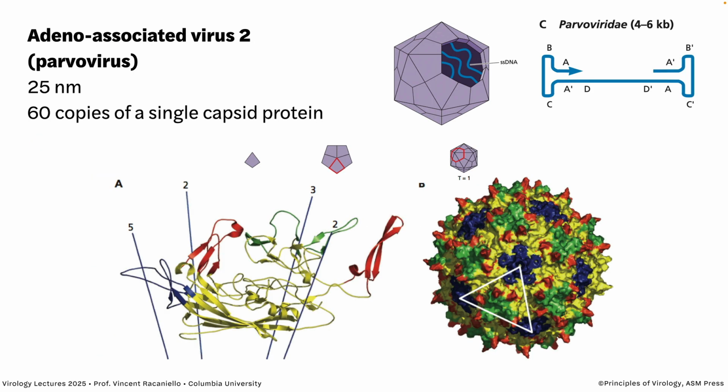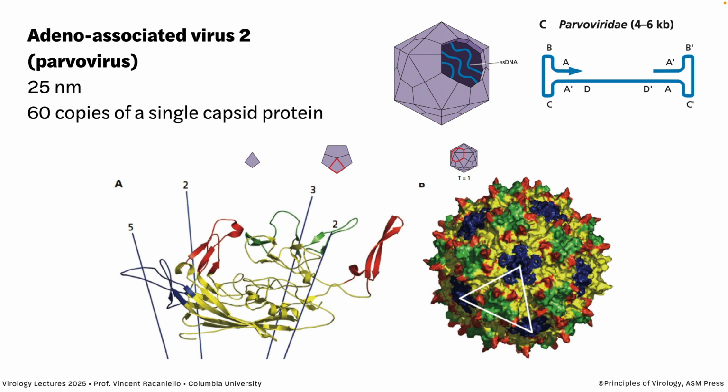So here's an example of a simple icosahedral virus. It's a virus made of 60 copies of one capsid protein. So 60 subunits, and the structural unit contains one subunit. And this is a parvovirus, which we've mentioned before. These are small single-stranded DNA containing viruses.